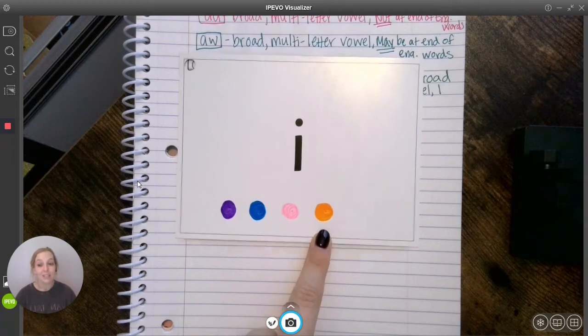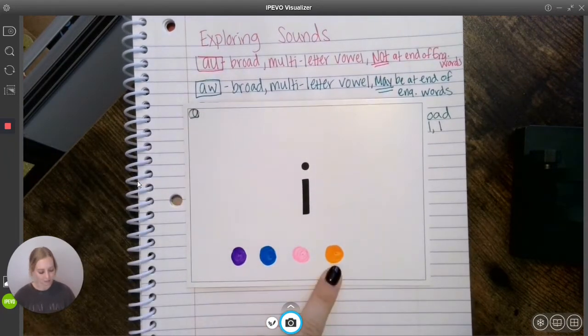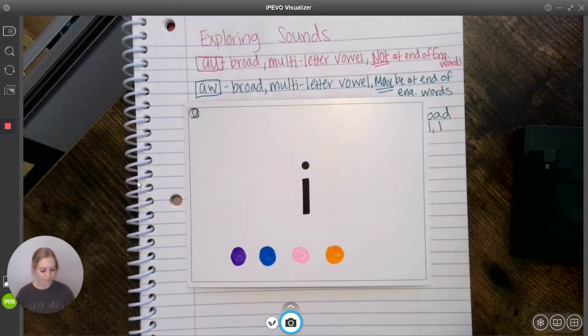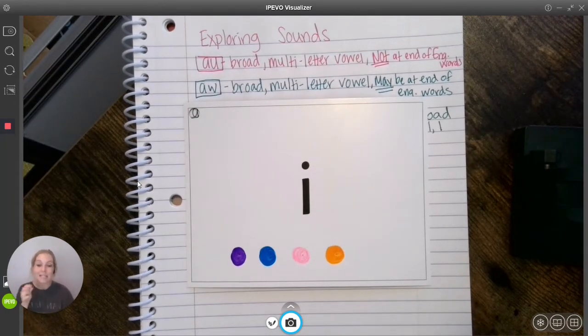The last one, Y. Good job. Why is Y a consonant sound? The teeth and the tongue are blocking the sound, right? I can't sing Y on and on and on. I have to use my tongue and my teeth to say it, so it's a little bit blocked, right?